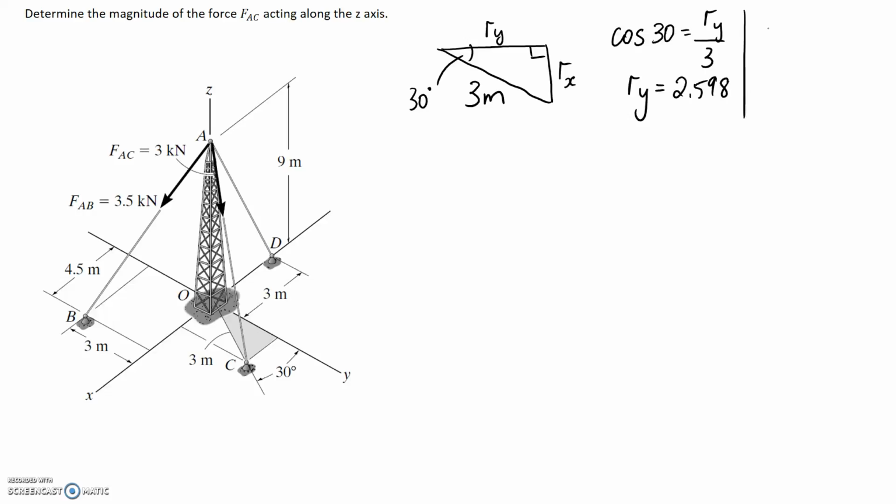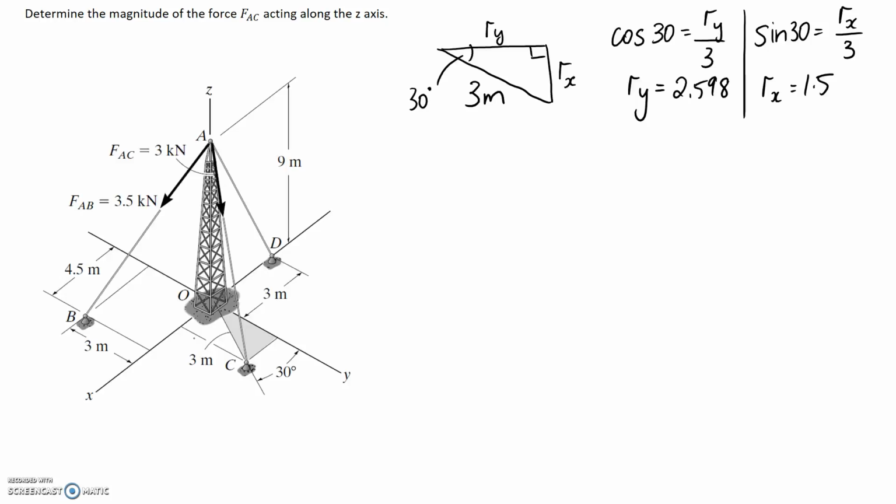Now if I use sine of 30, it's going to be the opposite, which is rx, over the hypotenuse of 3. So rx is going to be 3 times sine 30, and this works out to be 1.5. So we now know how far this vector points in terms of the x and the y directions.